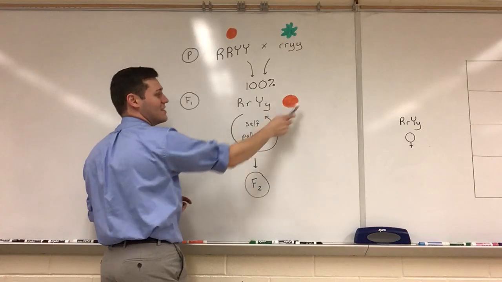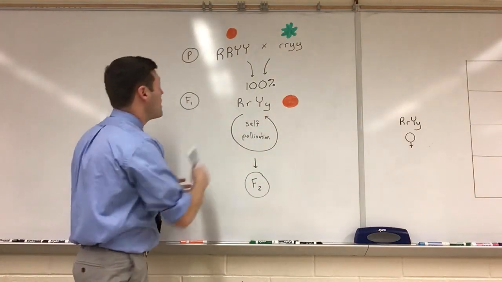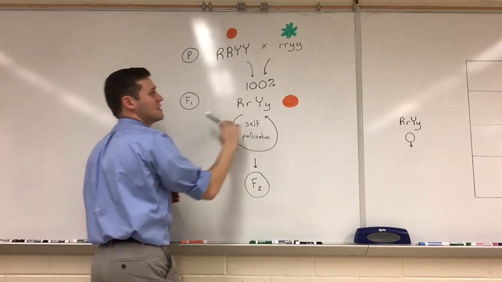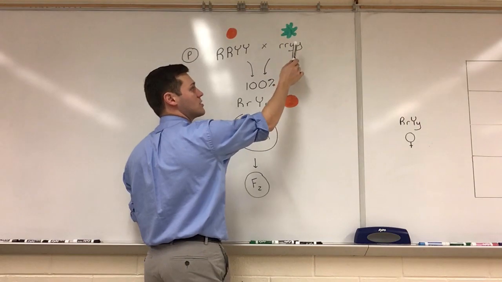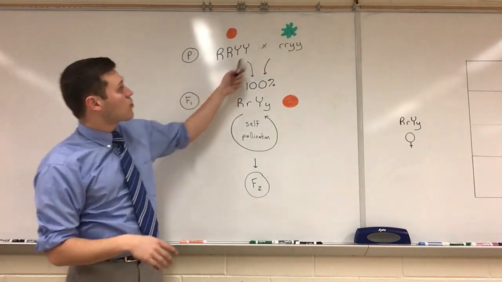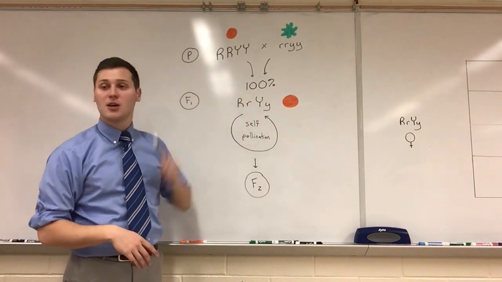I know this isn't exactly yellow, but this is the closest marker that I had to yellow, so bear with me. But we have true breeding round yellow seeds, and here we have wrinkled green seeds, true breeding for that trait as well. And when we cross the two, we get 100% round yellow seeds.